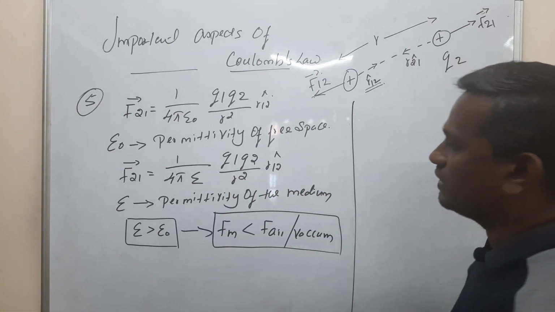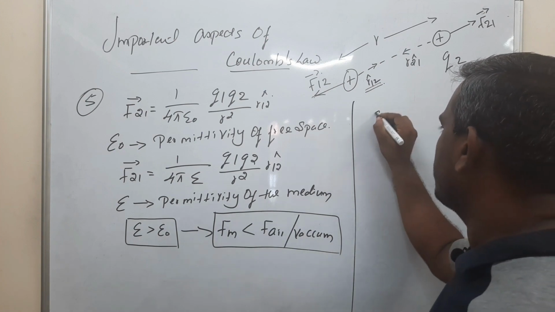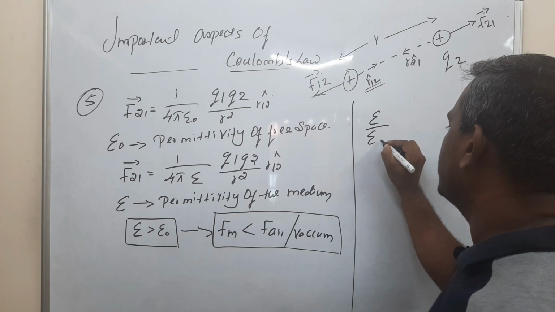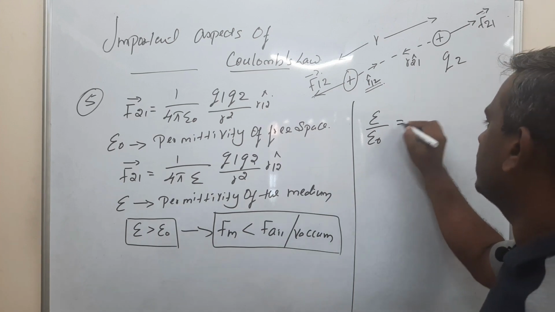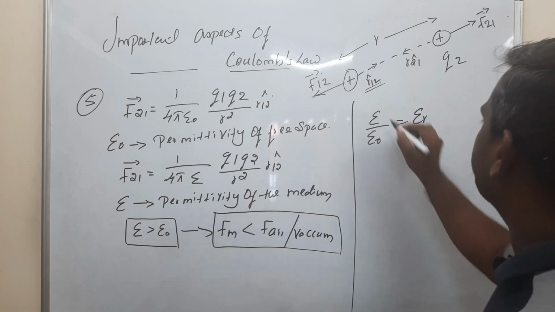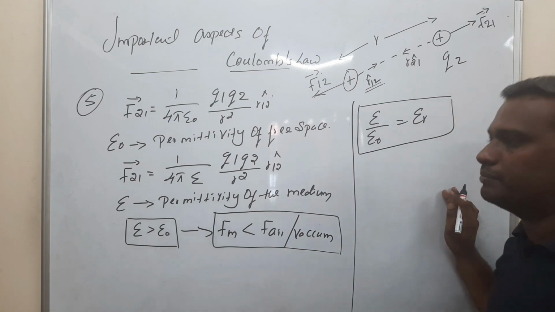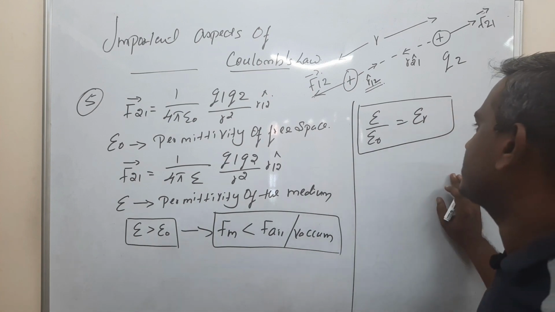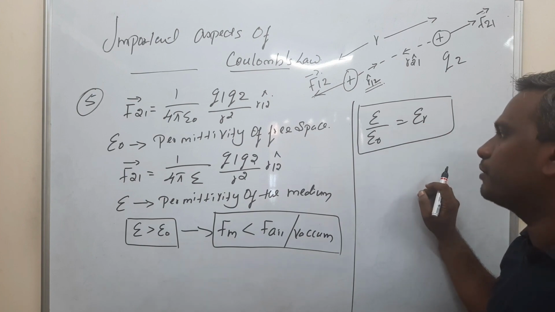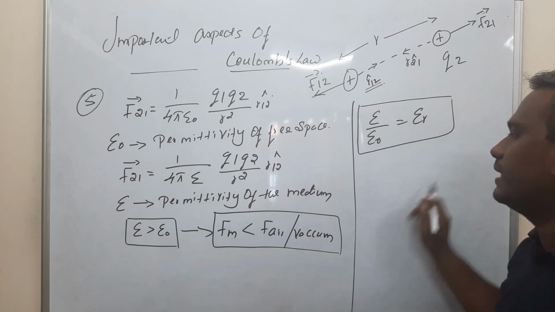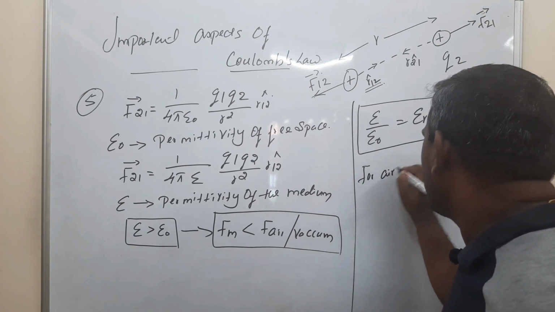And another thing: epsilon by epsilon 0, the ratio of the permittivity of the medium to the permittivity of free space, is called the relative permittivity of the medium.